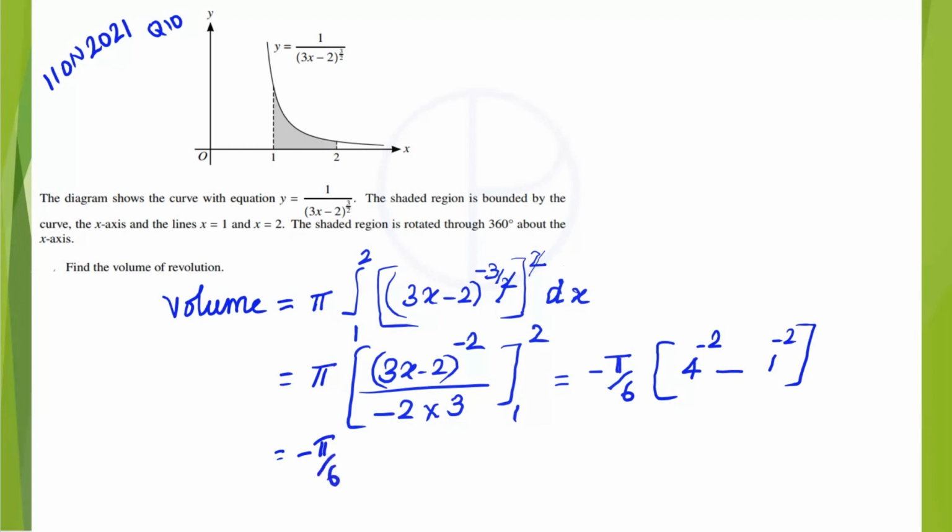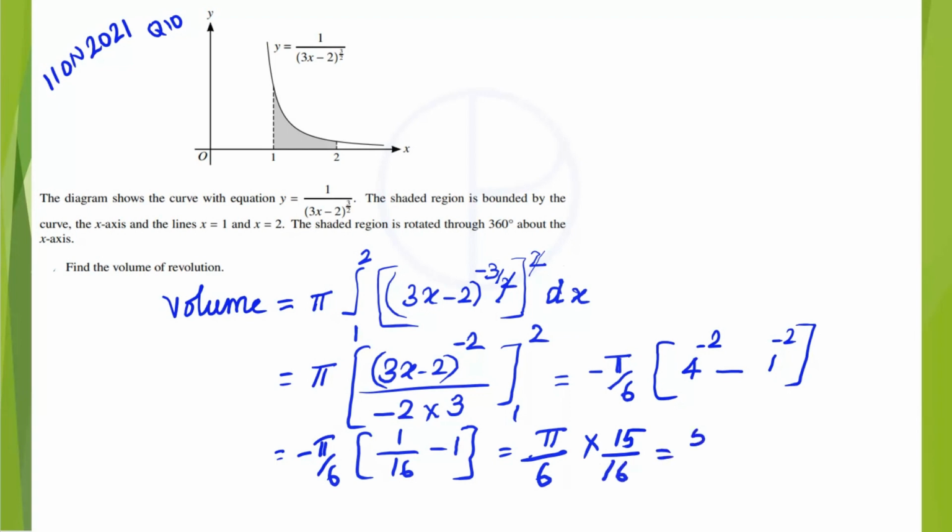Minus pi over 6 multiplied by (1 divided by 16 minus 1). 1 divided by 16 minus 1 will be minus 15 over 16. So minus multiplied by minus will give plus. So pi over 6 multiplied by 15 over 16.